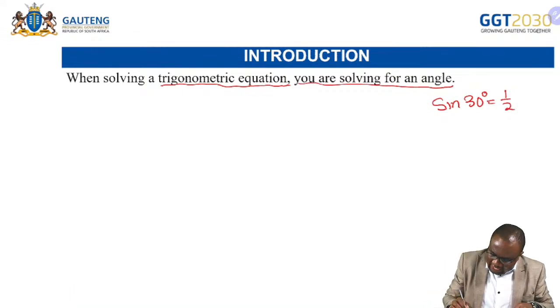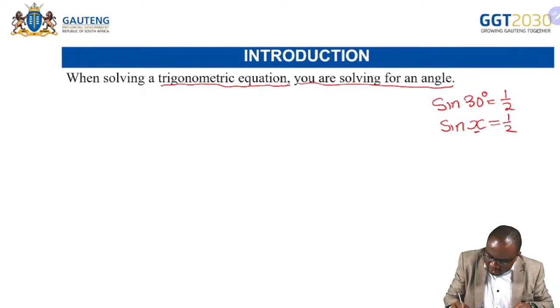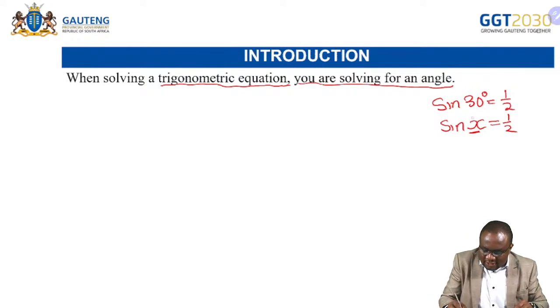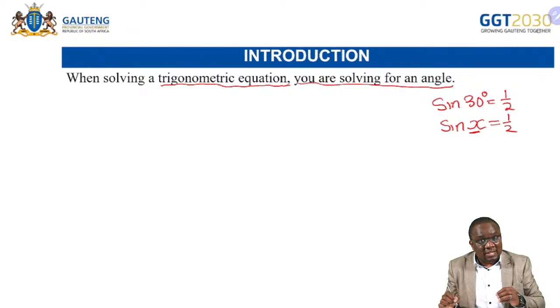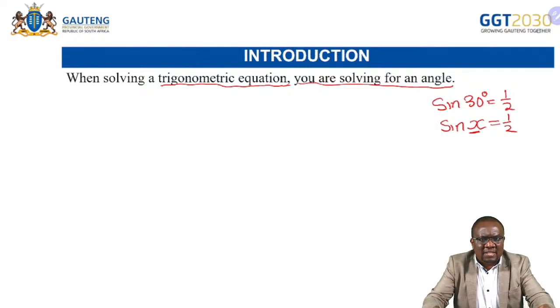Now, if I say sine x, let me today use x instead of theta, is equal to half, what is x? What is the angle? Because sine x is equal to half, the angle is 30, isn't it? How do we find that 30? That's what we're doing in today's lesson.